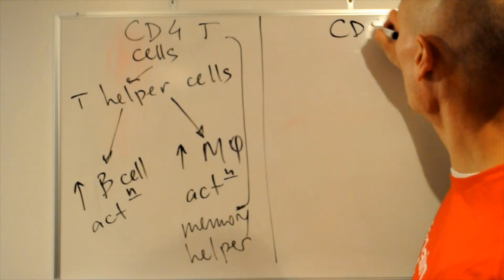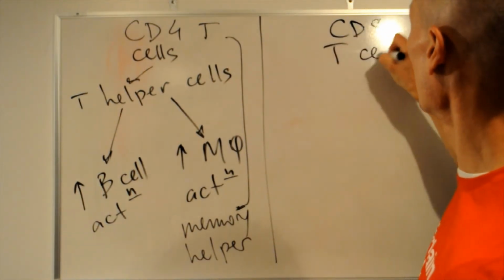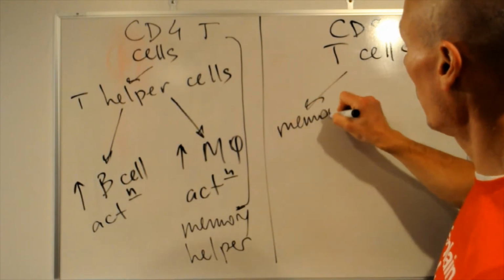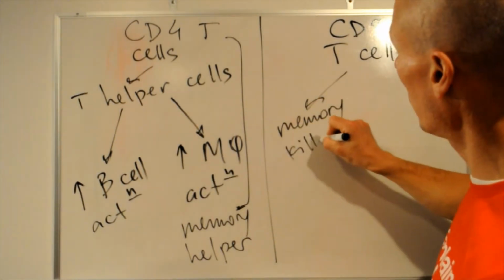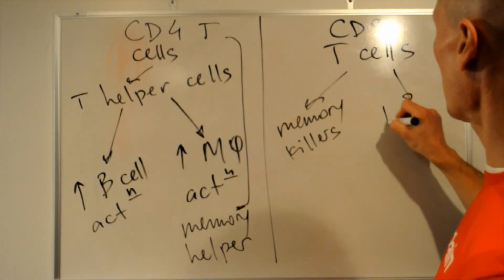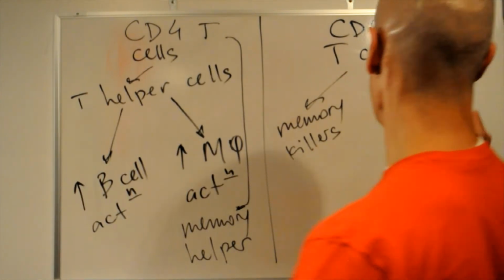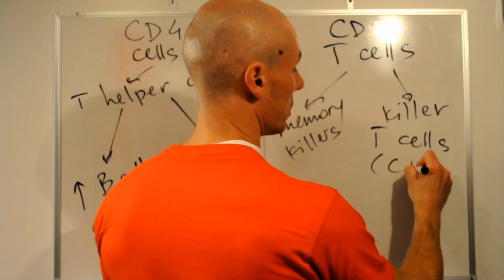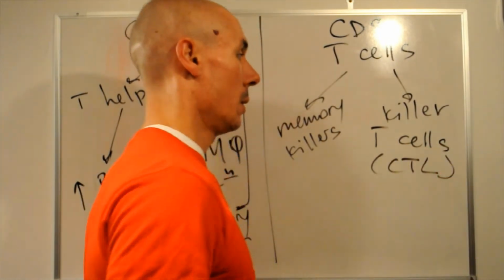Now CD8 cells differentiate into, of course, memory killers and just killer T cells, that's the old name, or cytotoxic lymphocytes.